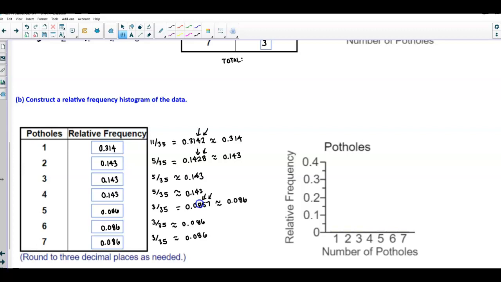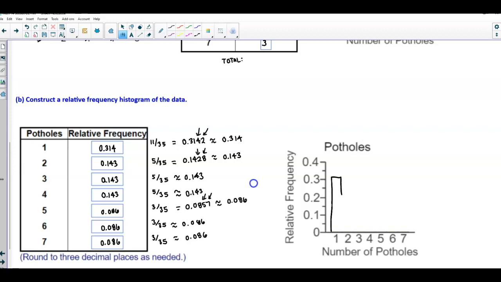Now we're going to create our relative frequency histogram. Recall that the number of potholes is at the bottom. Here the numbers change from 0 to 0.4 because those are the values of our relative frequency. Starting with 1, this is approximately 0.3, just above 0.3, so we go all the way up to approximately there.